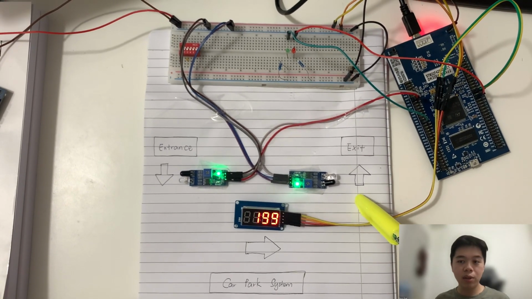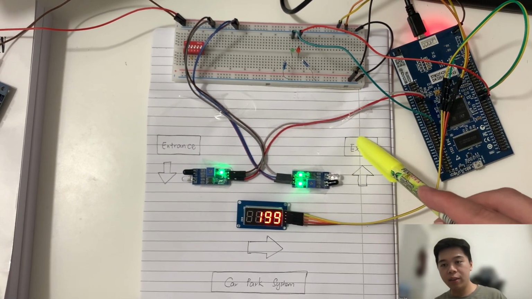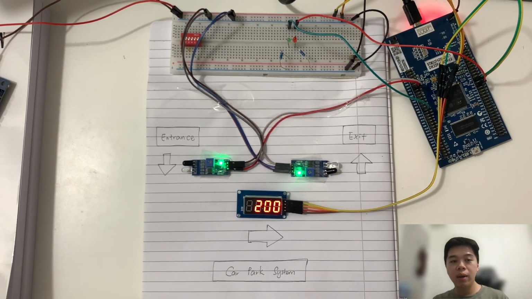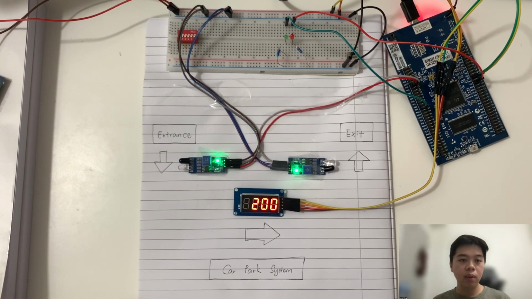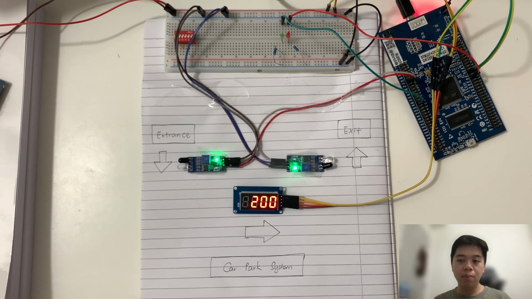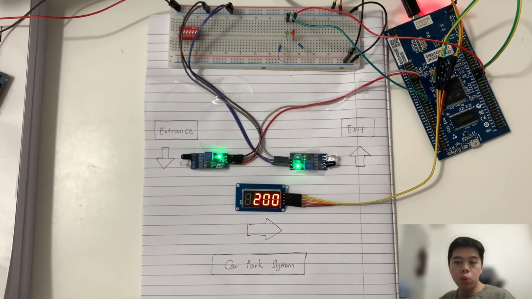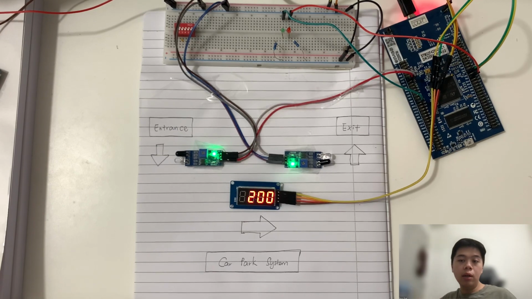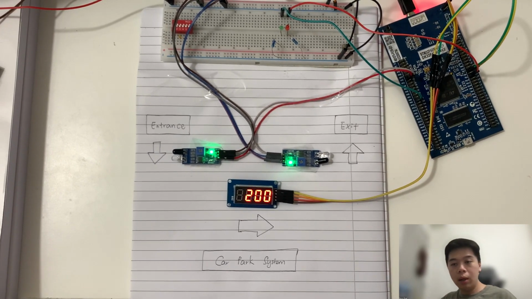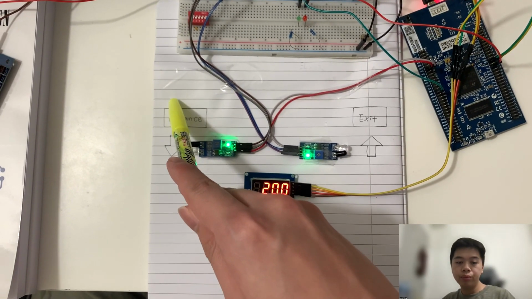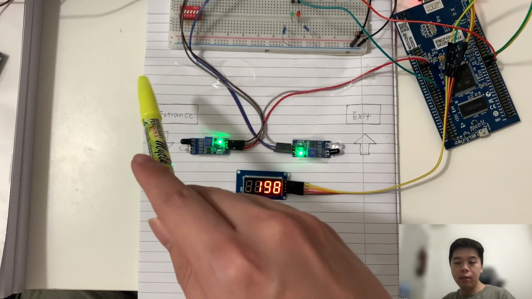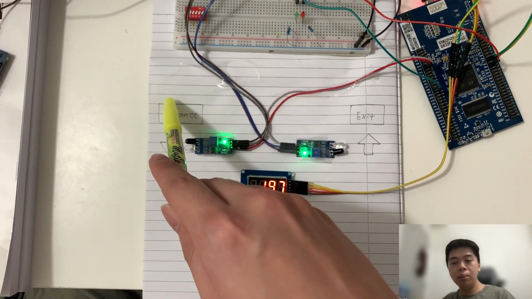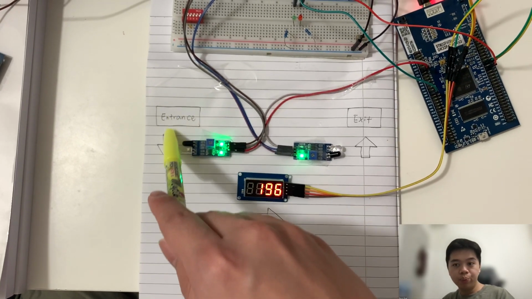And then when it comes time for the car to exit the system, the car park spaces are added by one again. What happens when we repeatedly have cars coming in from the entrance? It simply deducts the number of available car park spaces.